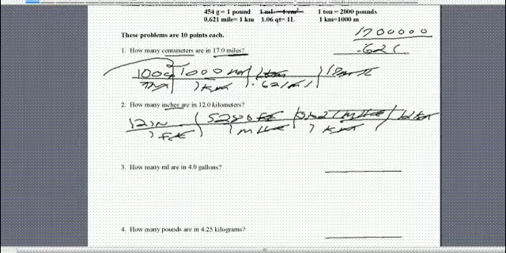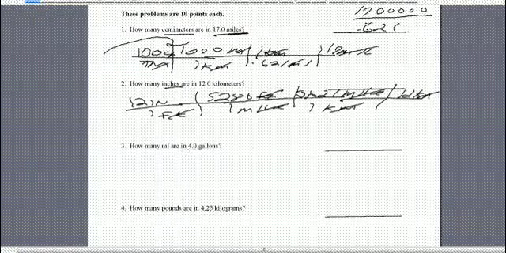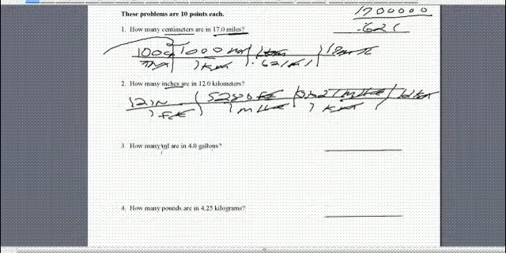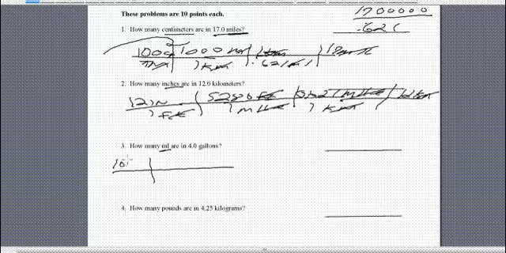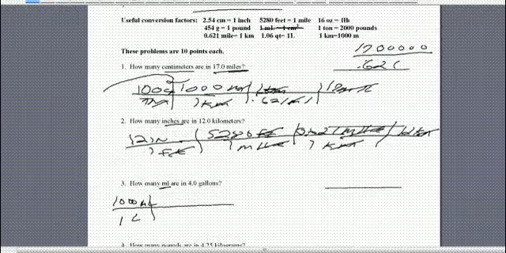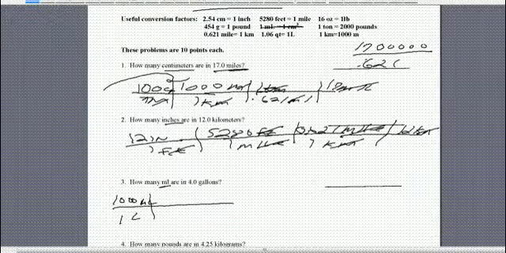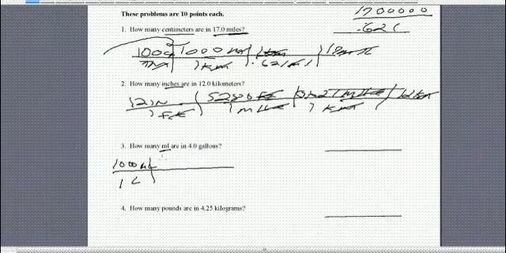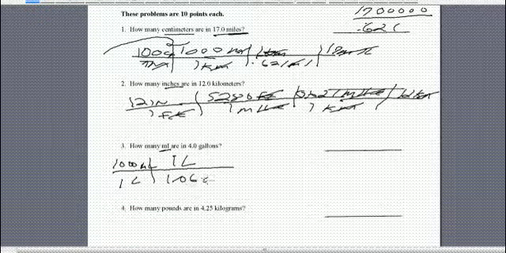Next question. How many milliliters are in 4 gallons? Milli means 1,000. I know there's 1,000 milliliters per 1 liter. I know from the top that there are, in 1 quart and 1 liter there is 1.06 quarts.